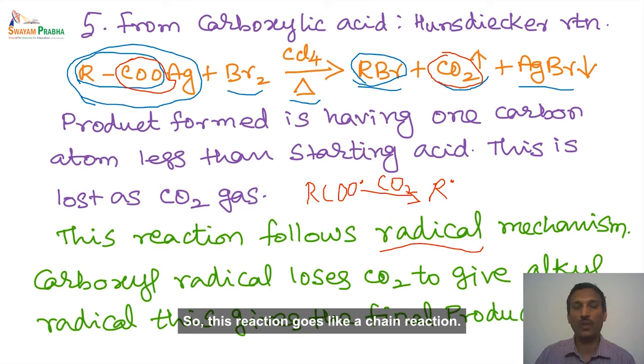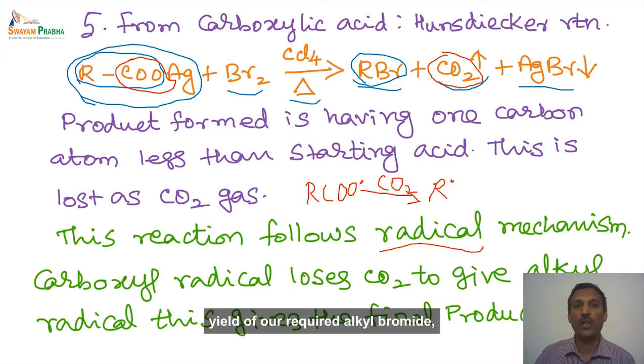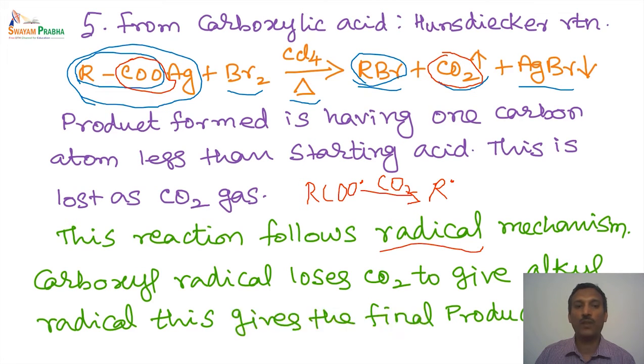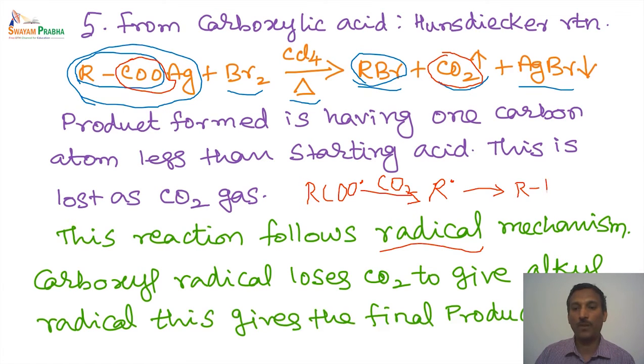So this reaction goes like a chain reaction, and two molecules of R dot can also combine to give the dialkyl derivative, that is, an alkane can also be formed. So this reaction does not necessarily give 100% yield of the required alkyl bromide, but it may be contaminated with some amount of the dimer, where the R group undergoes dimerization. So 2 R dot combine together to give RR.